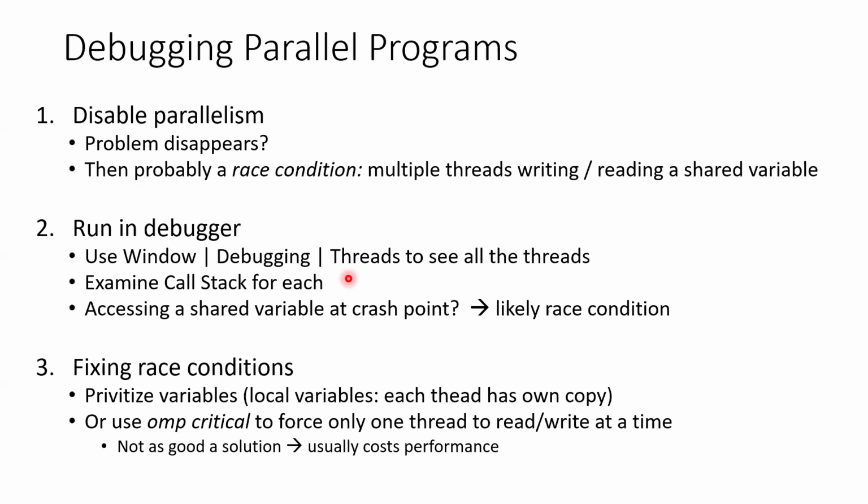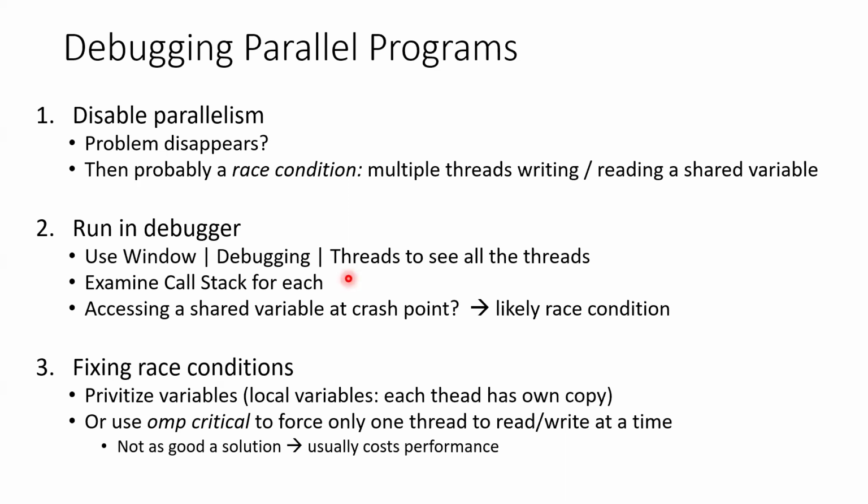So in general, how do we debug parallel programs? The first thing is to disable parallelism and see if the problem disappears. If it disappears, then probably something is fighting with each other, probably a race condition, where multiple threads are writing or reading a shared variable.